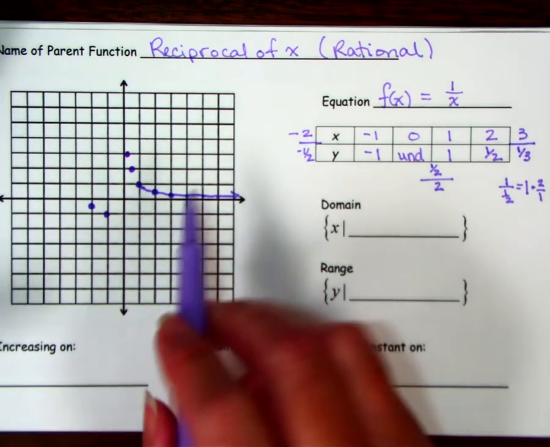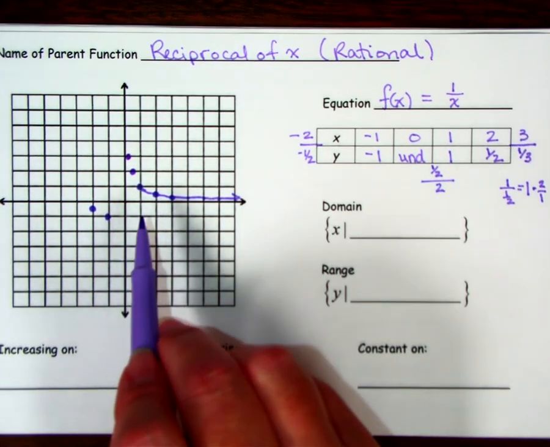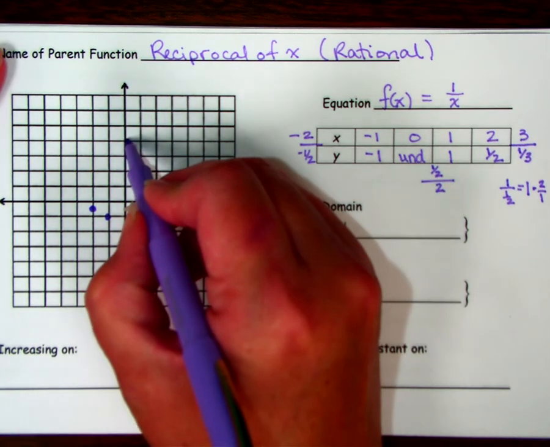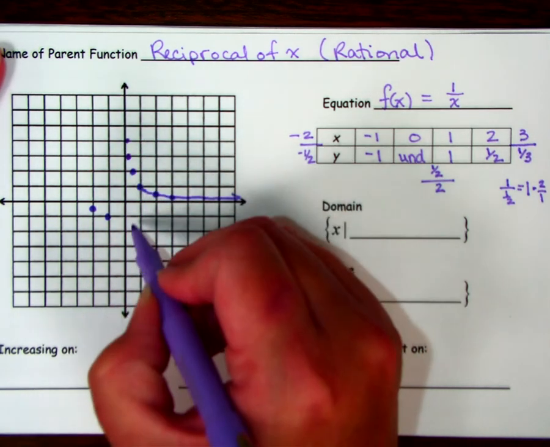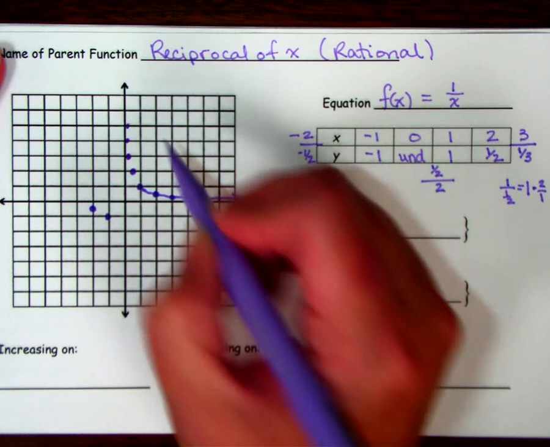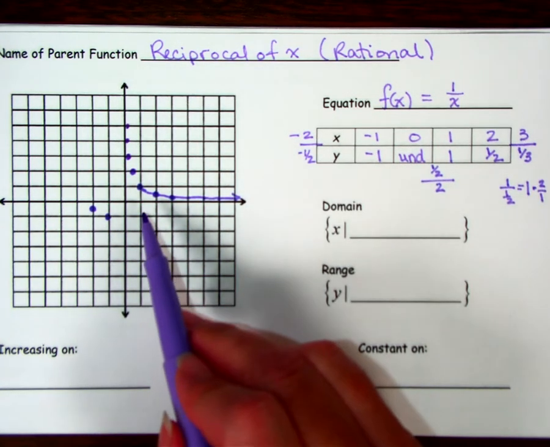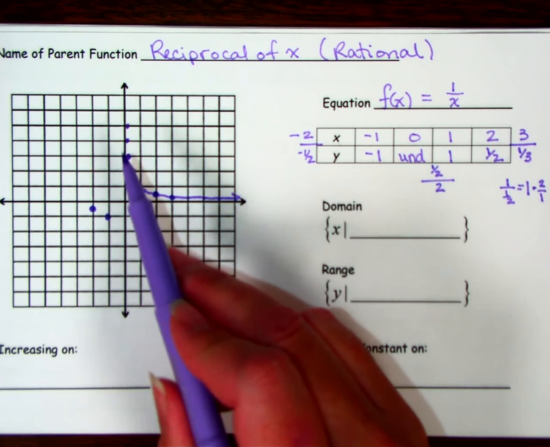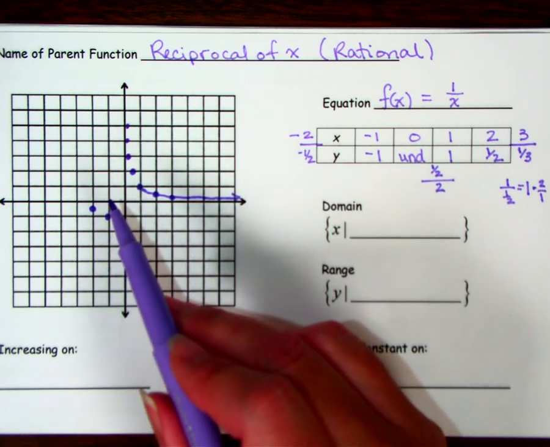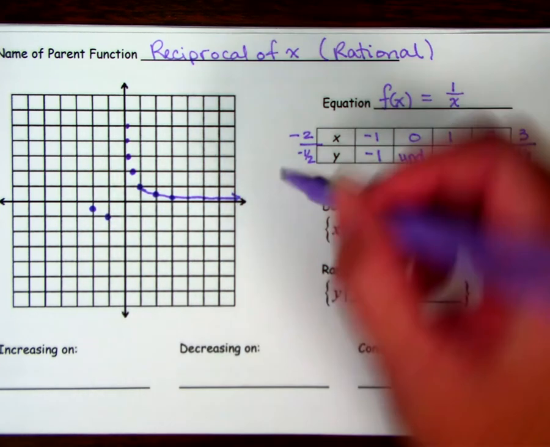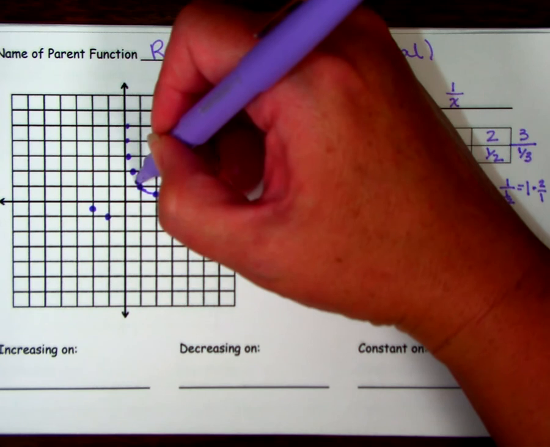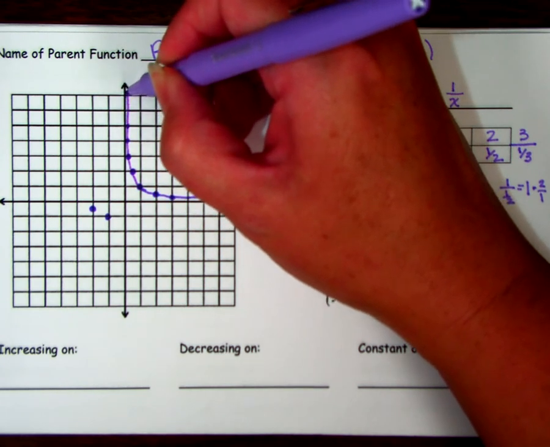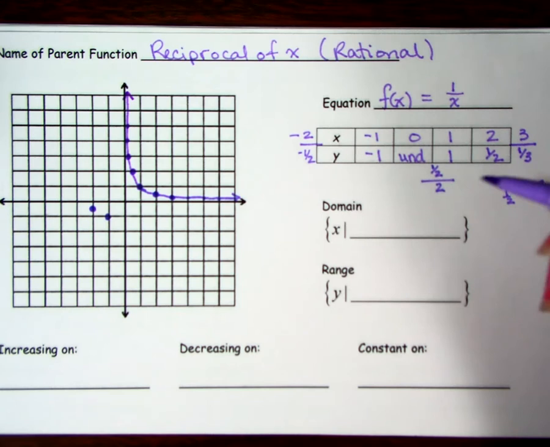And if I got even closer to 0 with my x, like say 1/4, then I would get 4. And if I picked 1/5, I'd get 5. And so it looks like the closer my x's get to 0, the larger the y's are getting. And no matter how close I get to 0 on the x-axis, the y's are still just going to keep getting larger and larger and larger. So it kind of implies that this graph is getting closer to the y-axis.